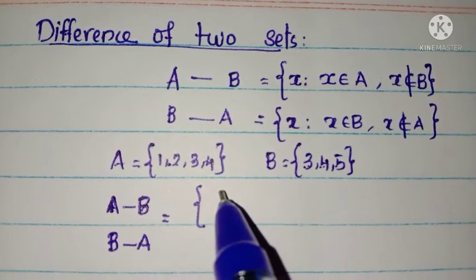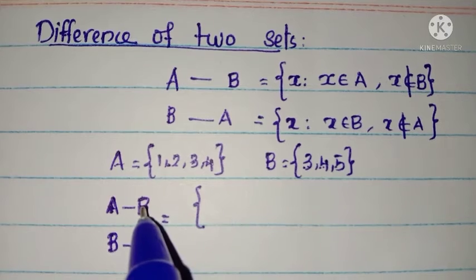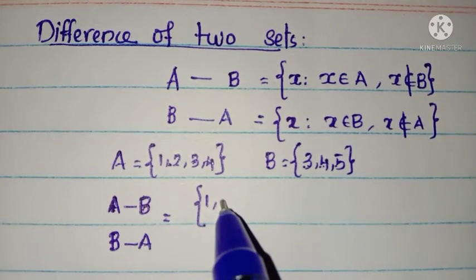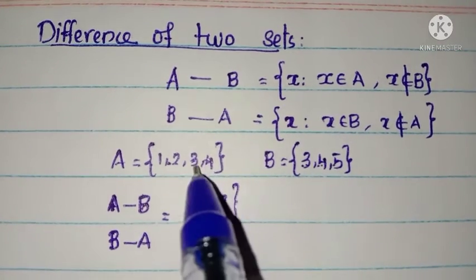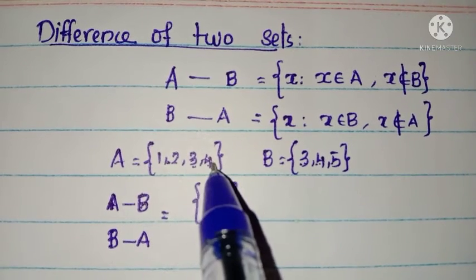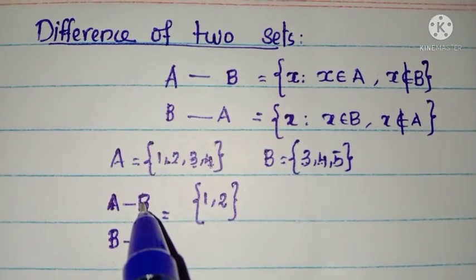Then finally we get the set {1, 2}, because 3 and 4, these two elements, belong to the set B. Okay.